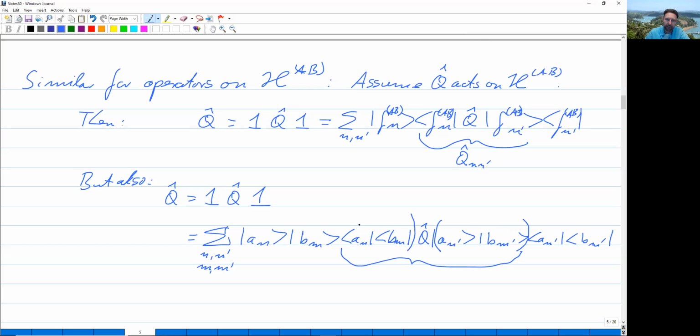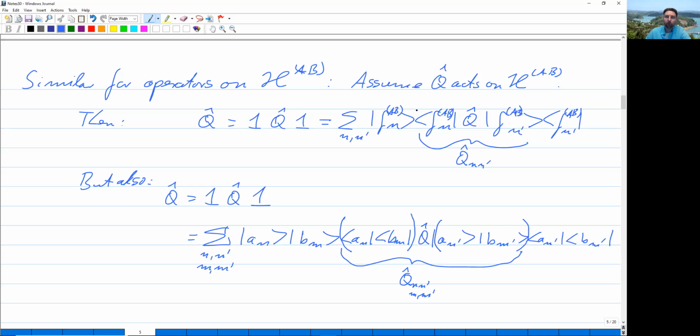And that is a vector that acts on the Hilbert space on which Q hat acts, but it's a dual of it. So these are numbers that we call Q hat, and then n, m, n prime, m prime. So now an operator has 4 indices. Just like the vector wave function has 2 indices, now the operator has 4 indices.